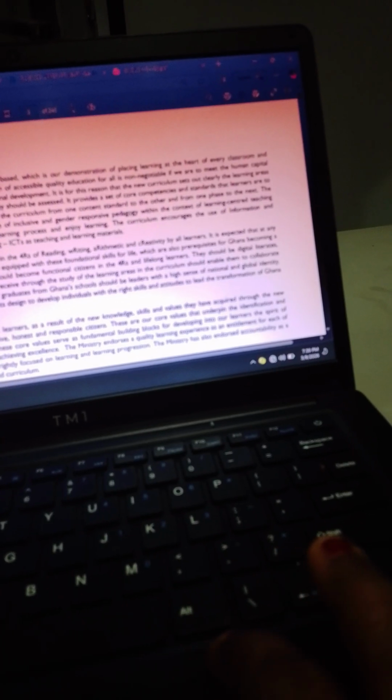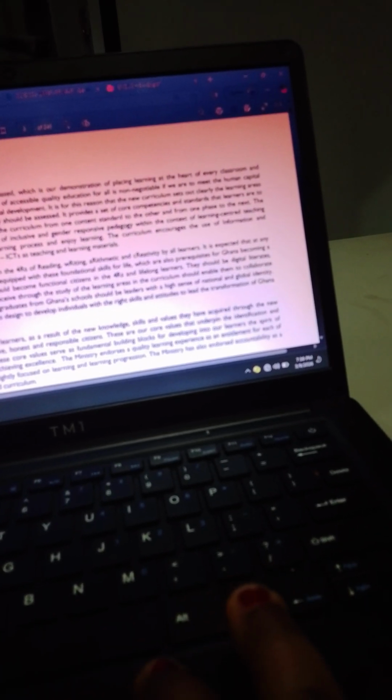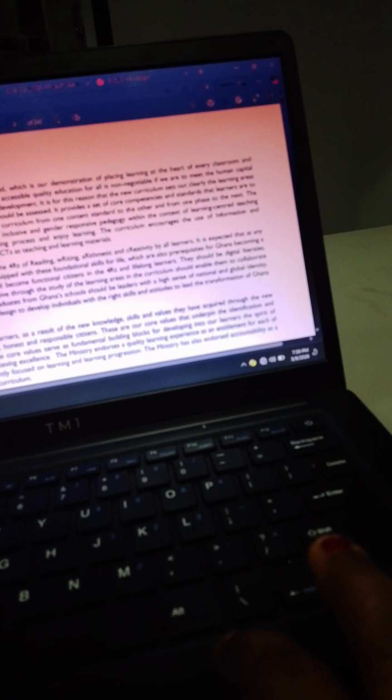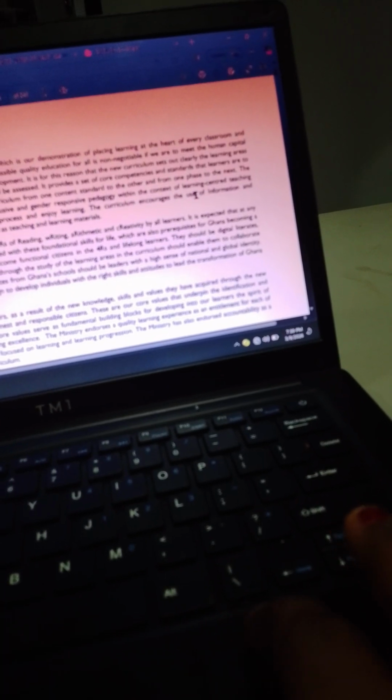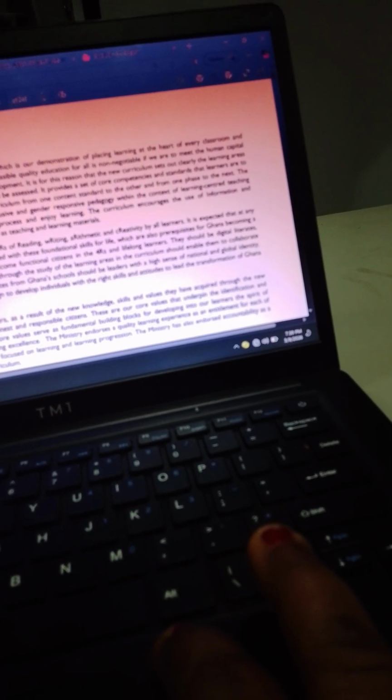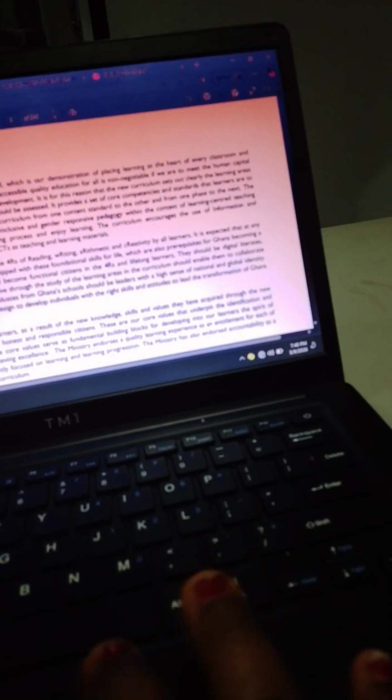The curriculum and its related teachers' manual promotes the use of inclusive and gender-responsive pedagogy within the context of learning-centered teaching methods so that every learner can participate in every learning process and enjoy learning. The curriculum encourages the use of ICT for teaching and learning. So it said ICT as teaching and learning materials.